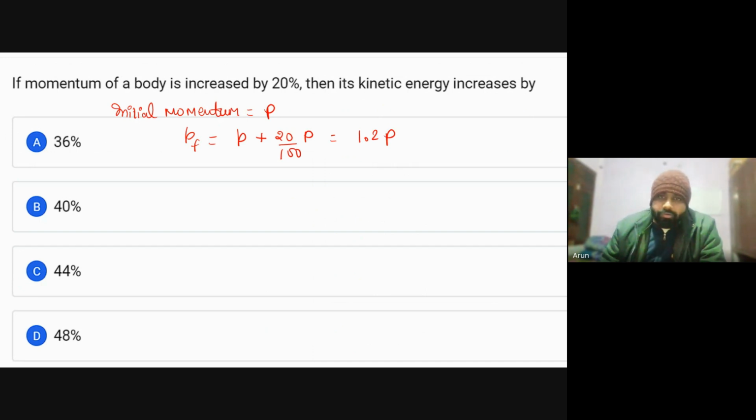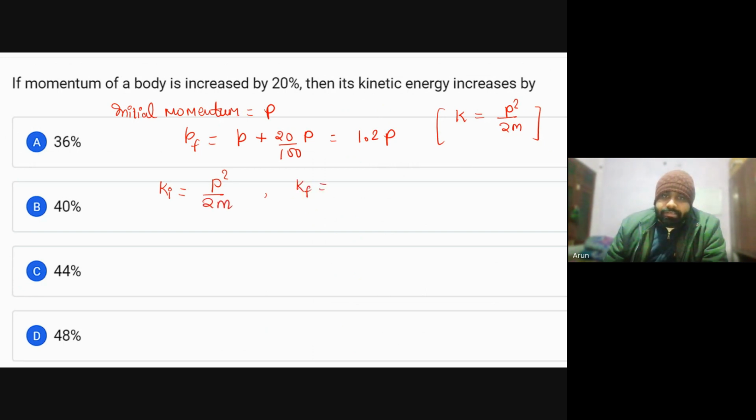Now we know that kinetic energy is given by this formula, P square upon 2m. Now, initial kinetic energy we can easily write: it is P square by 2m. Final kinetic energy will be (1.2 P), the final momentum, square by 2m.